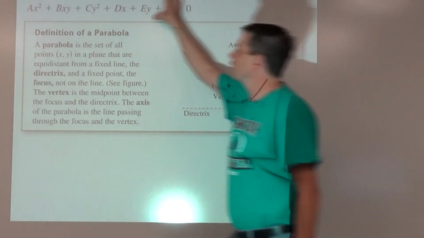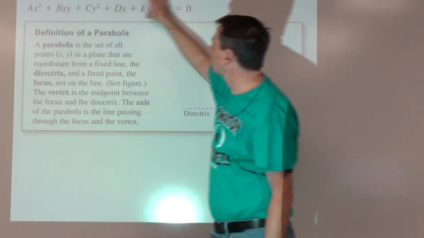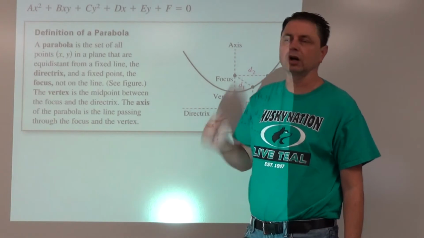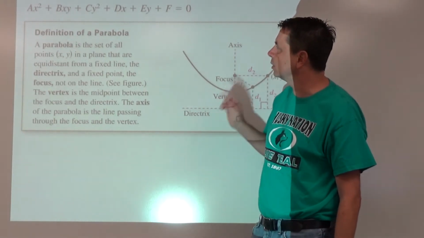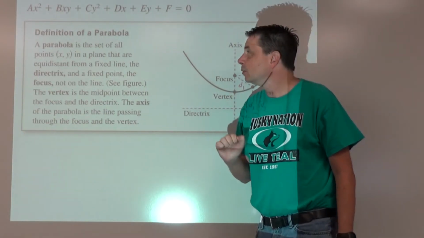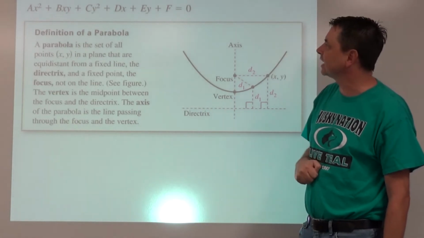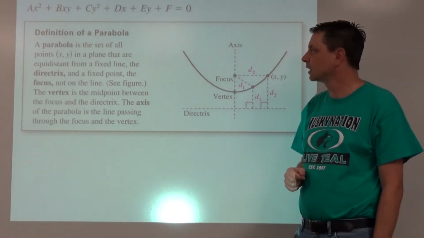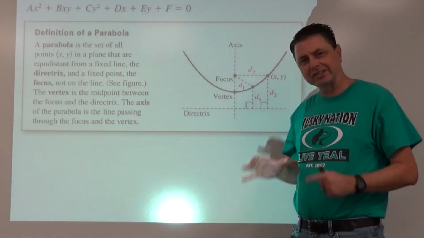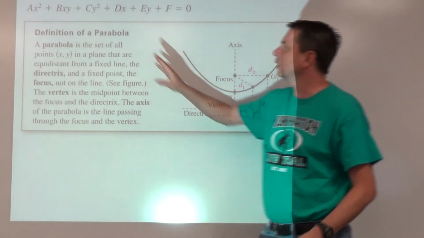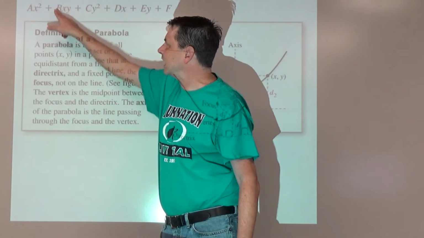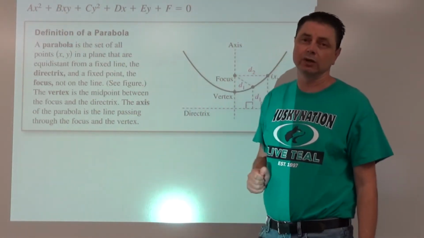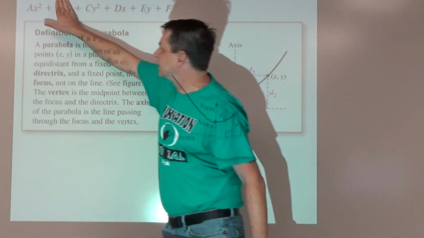So this is our general form equation for our conic sections: Ax squared plus Bxy plus Cy squared plus Dx plus Ey plus F equals 0. Now, for our purposes in this class, we're always going to have the capital B be 0, so that wipes out that term.